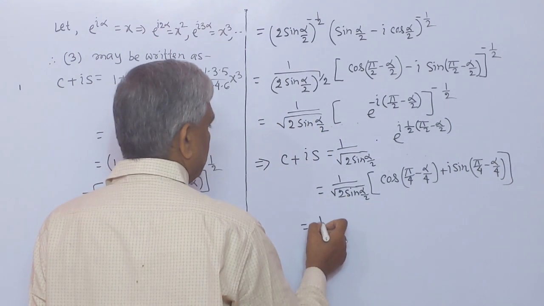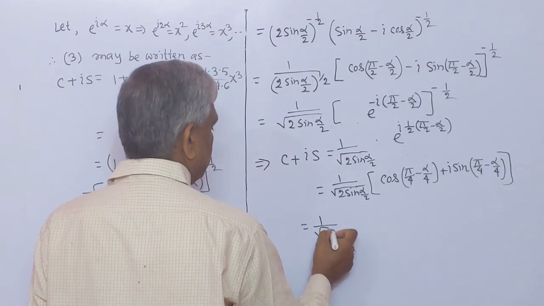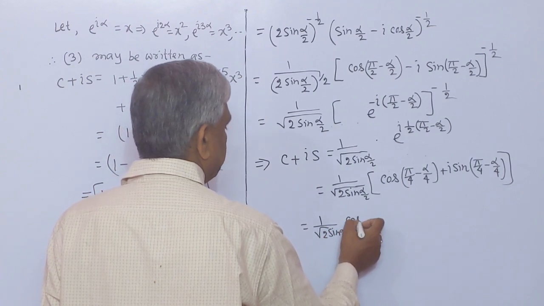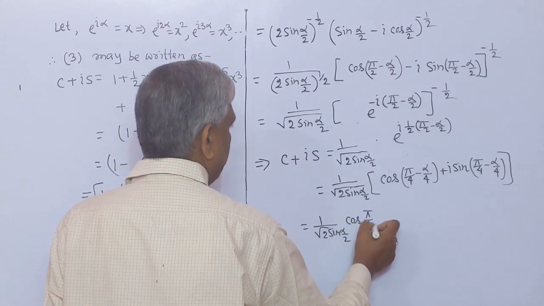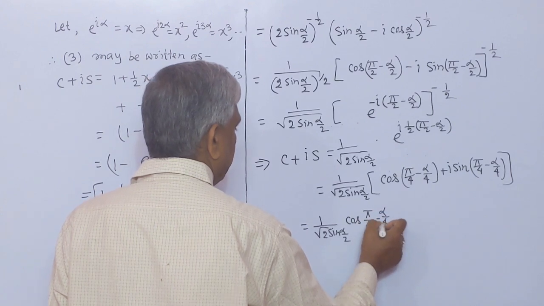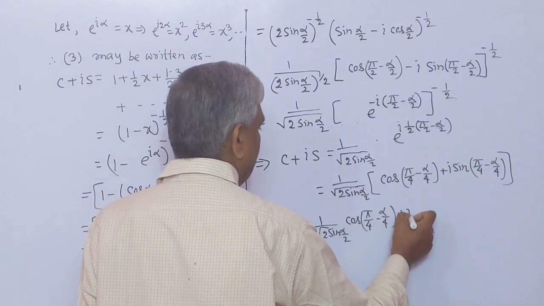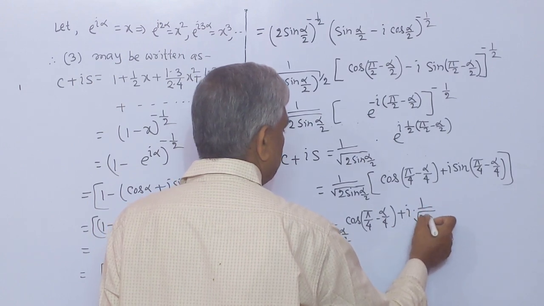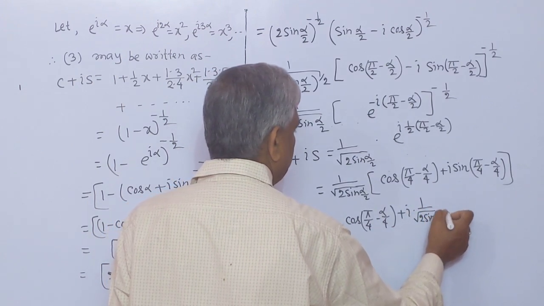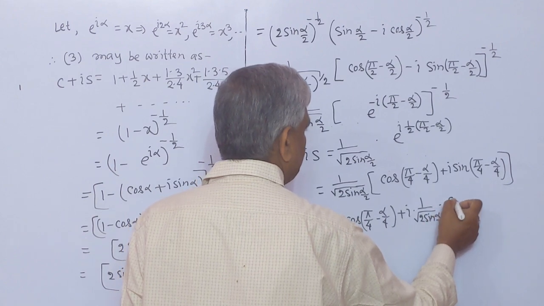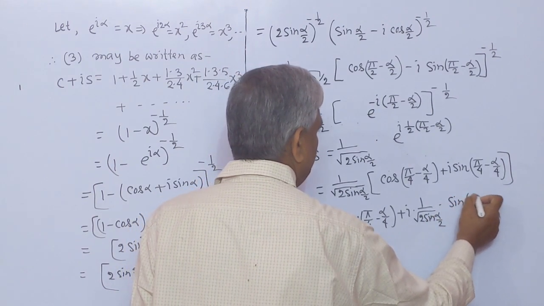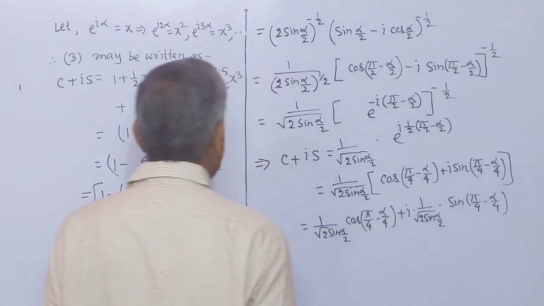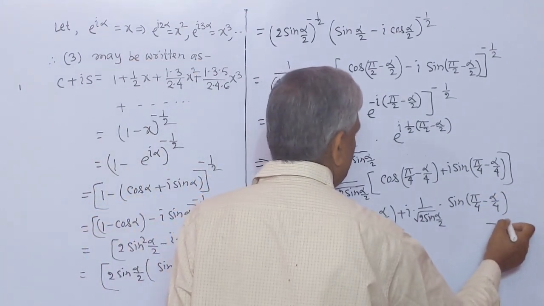This is equal to 1 by square root 2 sin alpha by 2 cos pi by 4 minus alpha by 4 plus i multiply 1 by square root 2 sin alpha by 2 multiply sin pi by 4 minus alpha by 4. This is number 4.